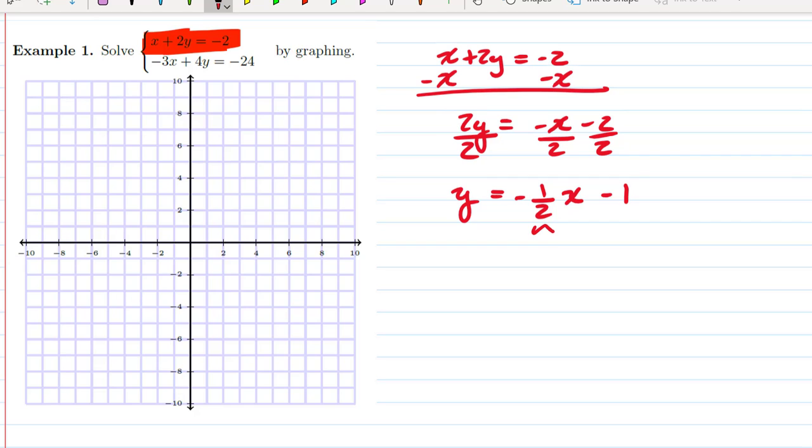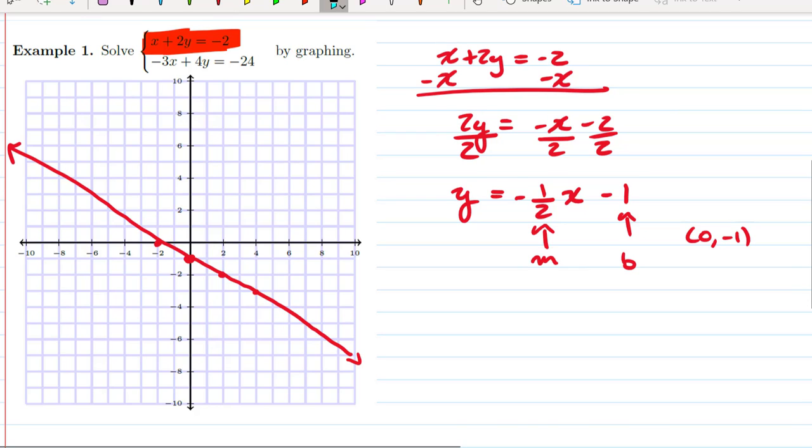So then I have my slope, and I have my b value, which is the y coordinate of my y-intercept. So I start at 0, negative 1, and I have a slope of negative 1 half, so I go down 1 over 2, down 1 over 2, left 2, up 1, and so forth. And then I connect the dots, and I get a line that looks something like this.